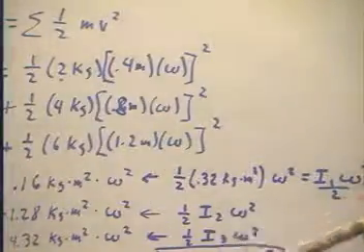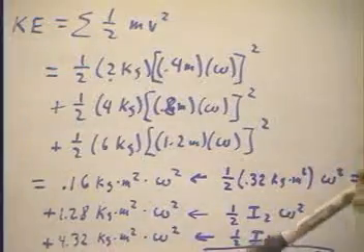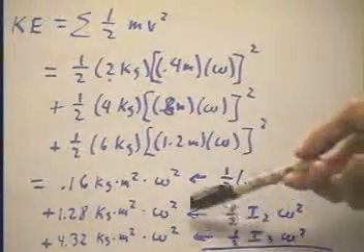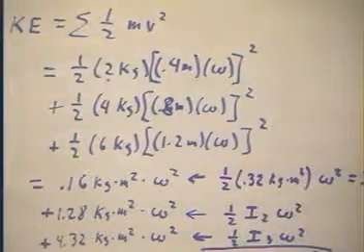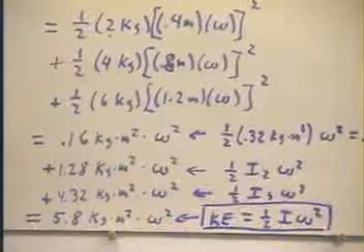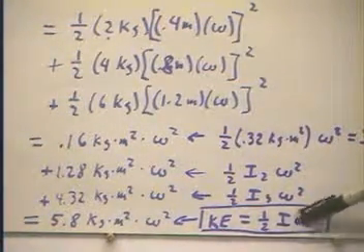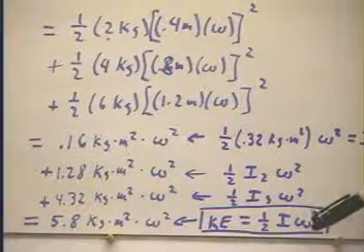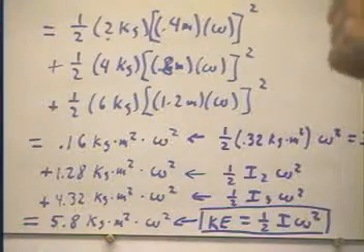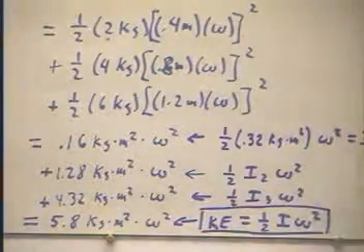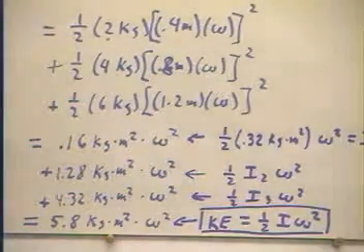Similarly, the numbers that we have here and here turn out to be half of the moment of inertia of the second, half the moment of inertia of the third hoop, so that when we add these all up, we have the kinetic energy as 1/2 the total moment of inertia times omega squared. So this makes very plausible this formula for kinetic energy, 1/2 I omega squared, and it certainly illustrates it in the case of these three concentric hoops.